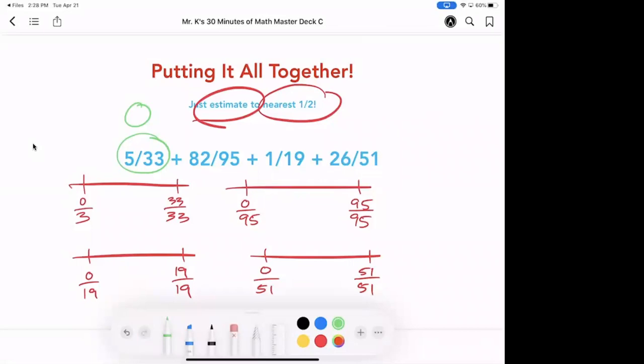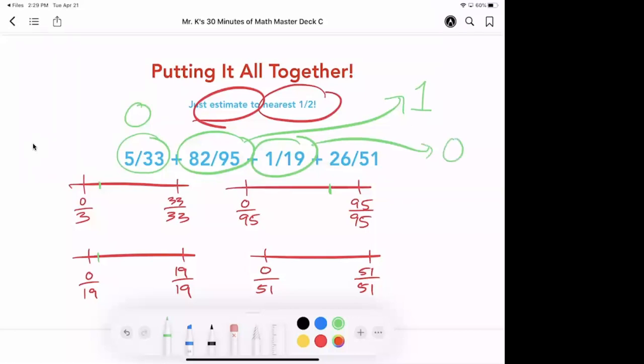Now, so 5/33 would be maybe over here. All right, next we have 82/95. Well, is that closer to 0 or to 95? Definitely closer to 95, maybe right there. So we're going to call this one closer to 1 whole. Then 1/19, definitely over here, closer to 0.